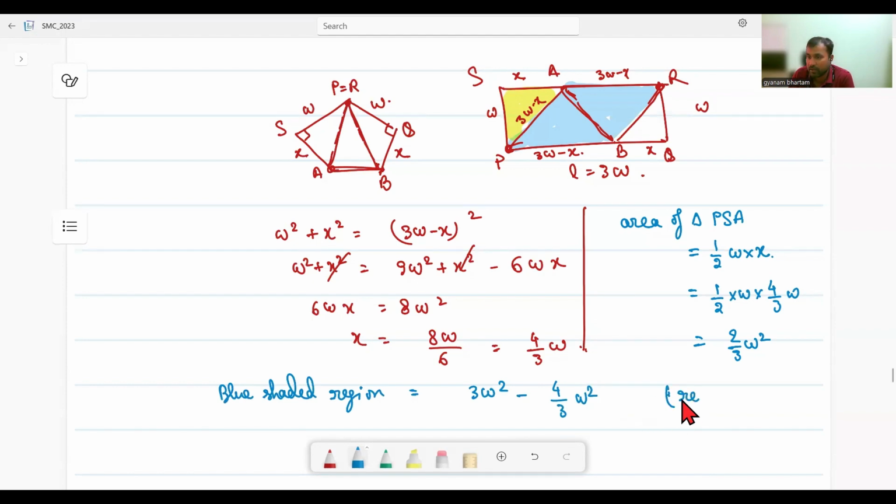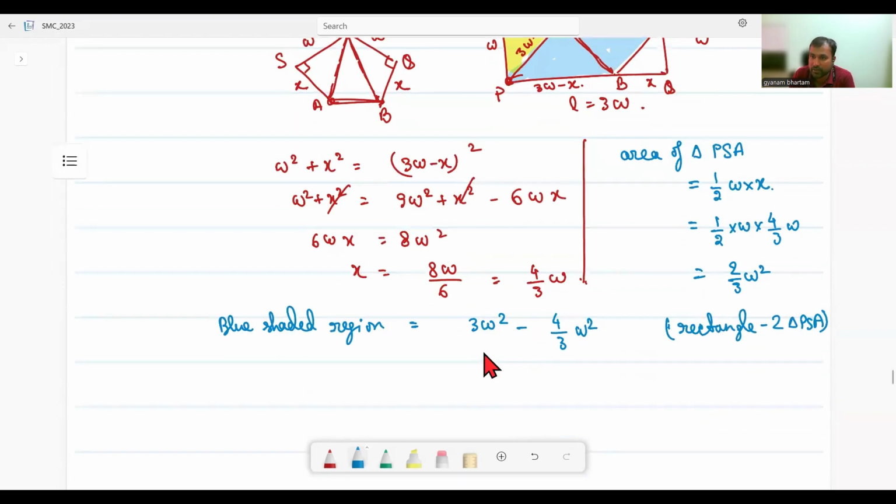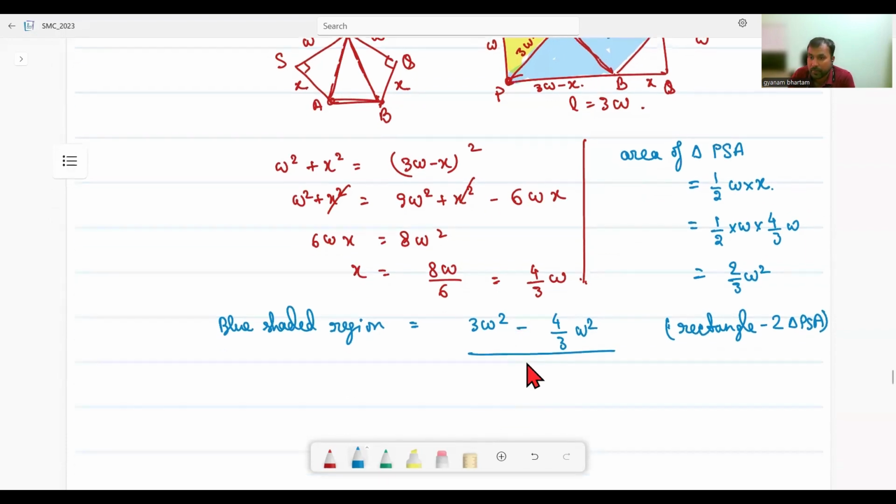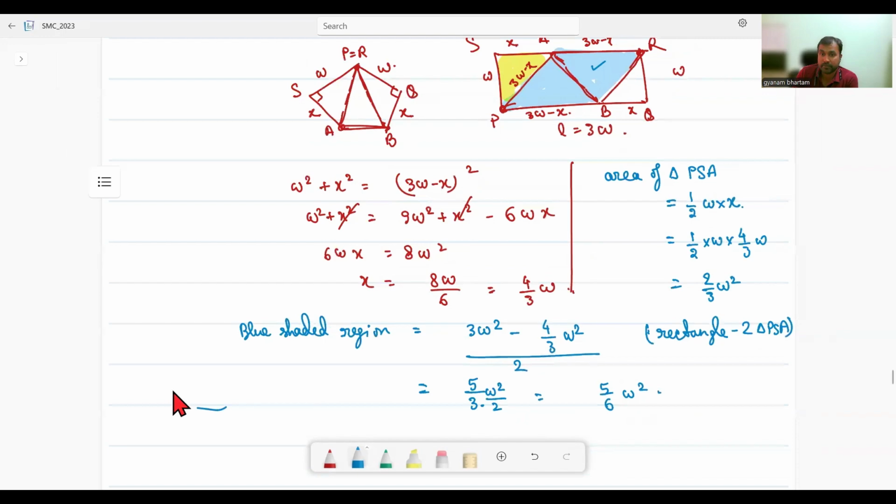So rectangle minus 2 times triangle PSA gives the blue shaded region, and we have to divide it by 2 because it won't be counted twice, only one time, since it's overlapping. So it's going to be 5/3 W squared divided by 2, or 5/6 W squared. So that's half of the blue shaded region.